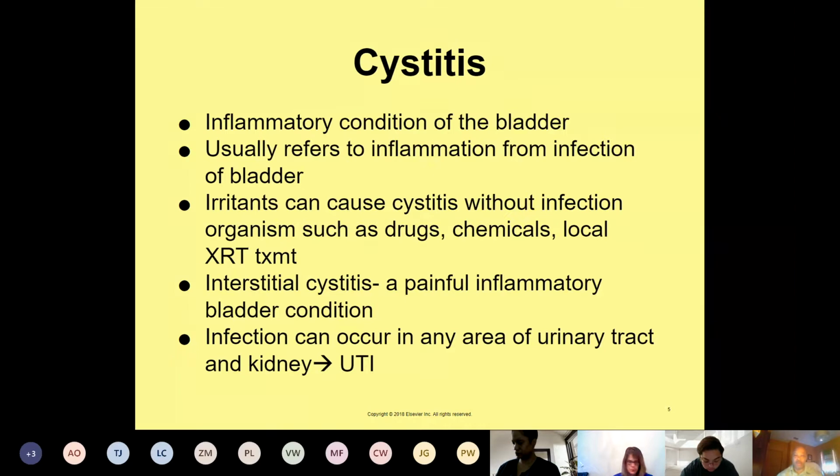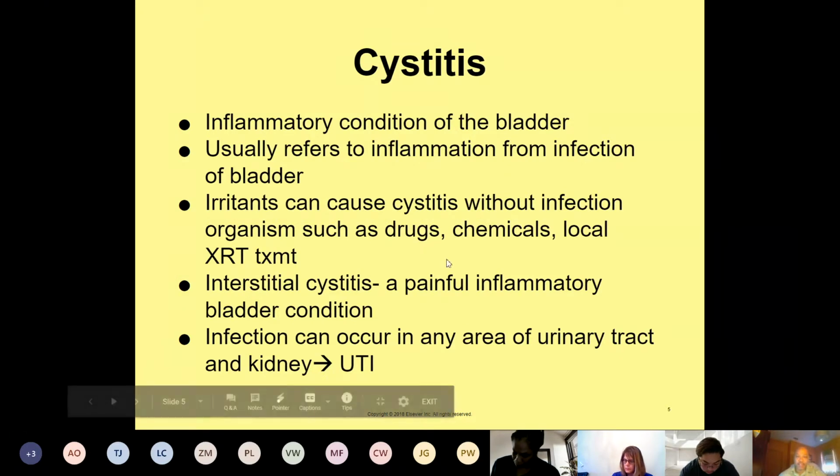It could be just an inflammatory disorder of some unknown etiology, or of some things that we might think are contributing to the inflammation. For example, irritants can cause cystitis without an infectious organism, such as certain drugs, chemicals, and local radiation treatment, especially that latter one.